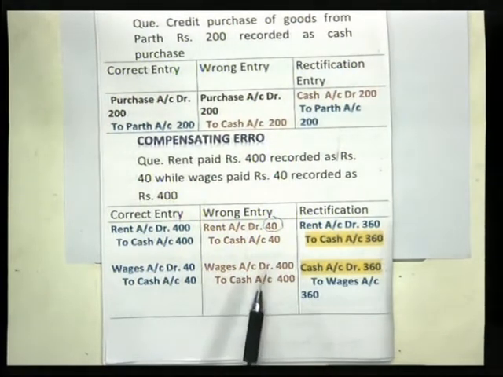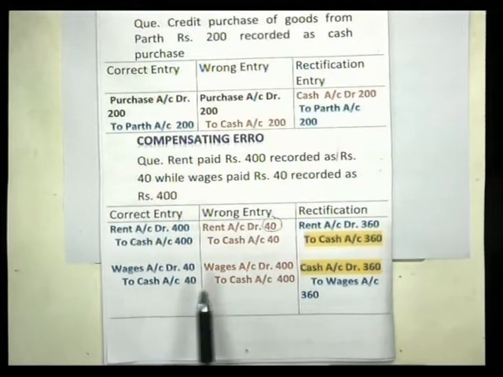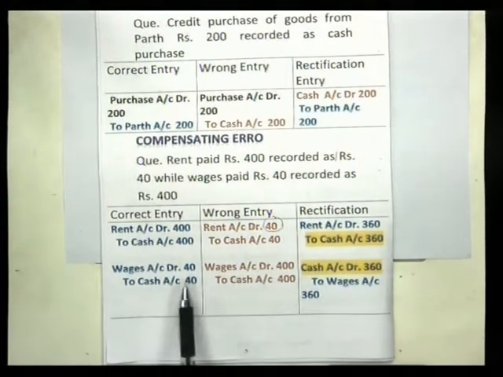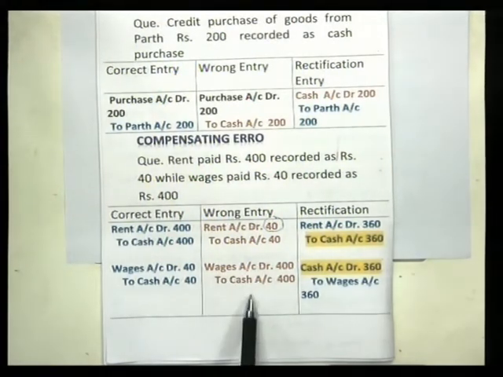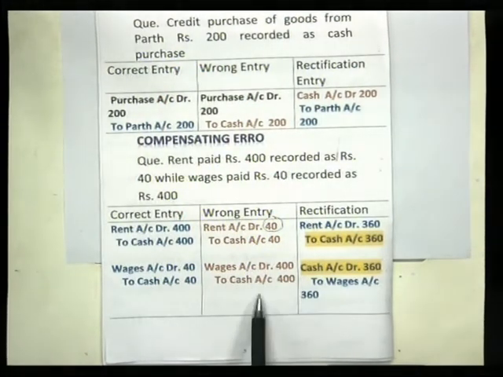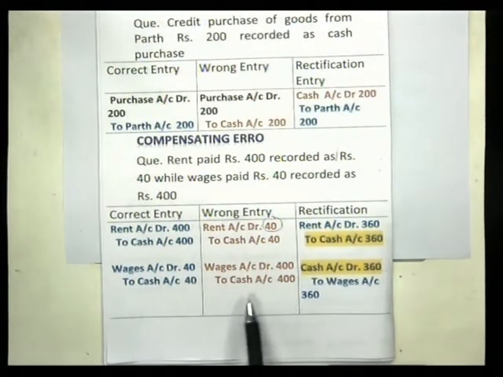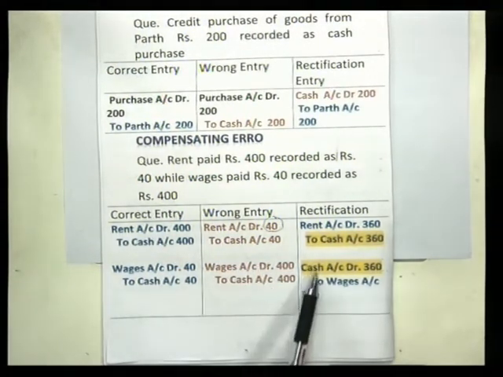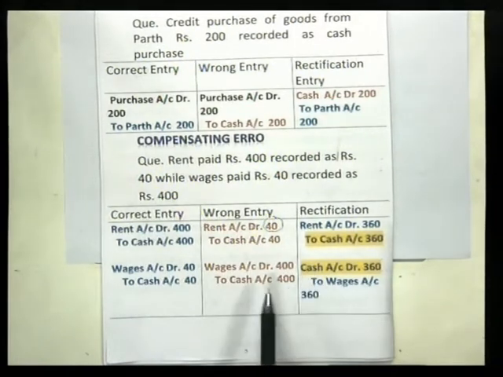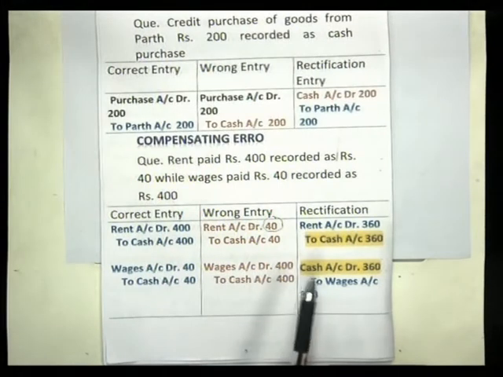Now which wrong entry is passed? Wages account debited 400 to cash account 400. So here the amount is recorded more in wages account as well as cash account. So to rectify this error you have to give the opposite effect, because cash account is credited more, so you have to debit cash account by rupees 360 because you want to cancel from the credit side of cash account rupees 360.